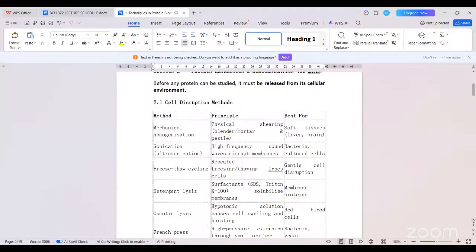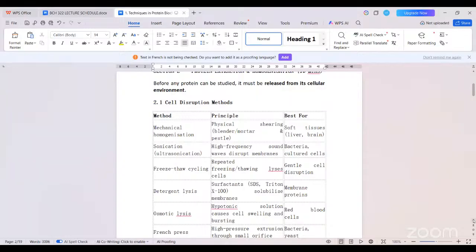The next method for disruption of the cell membrane is sonication. This is the use of high-frequency sound waves to break the membranes. And this method is used for bacteria and cultured cells. The next method is freeze-thaw cycling, a repeated freezing method.